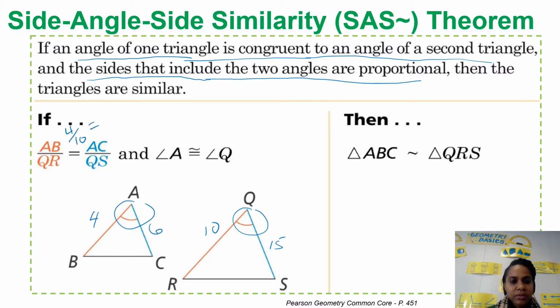That reduces to 2/5, right? And then AC over QS, that is 6 over 15. That also reduces to 2 over 5. And so those sides are proportional, and so we could say that these two triangles are similar using the side-angle-side similarity theorem.